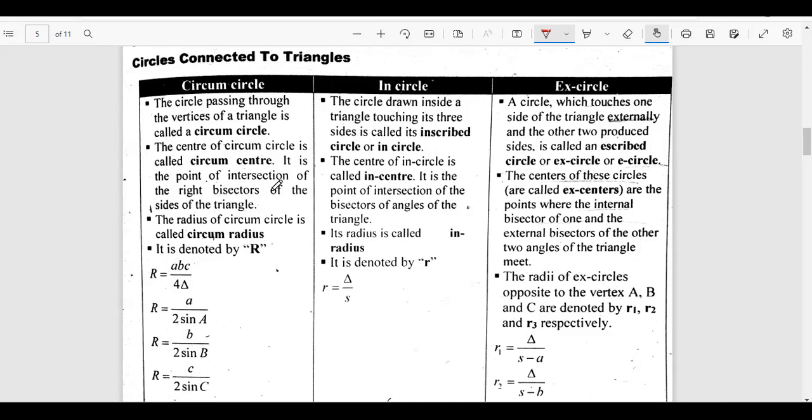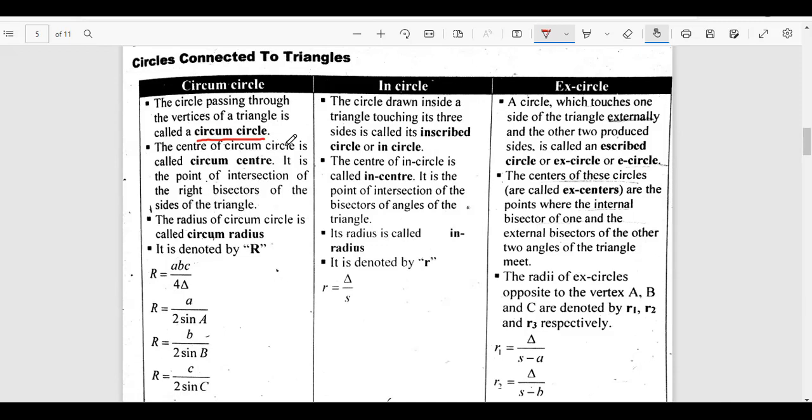Now wait for a second, you won't understand it this way. What exactly are they saying? The circumcircle is a circle that is lying inside the triangle and it is touching the vertices. The other thing is that the center of the circumcircle is called the circumcenter. And what exactly is the center?